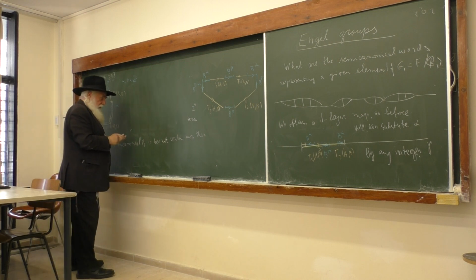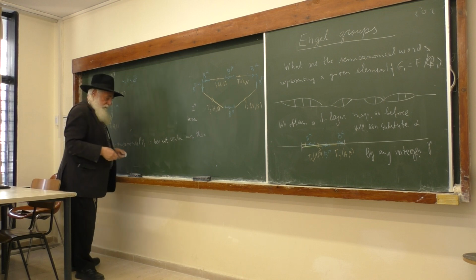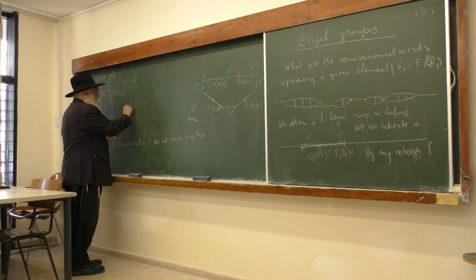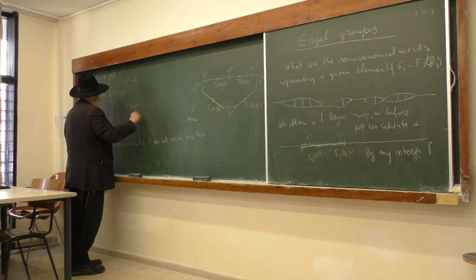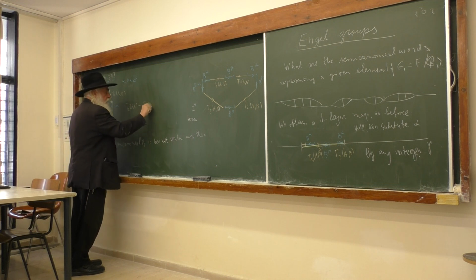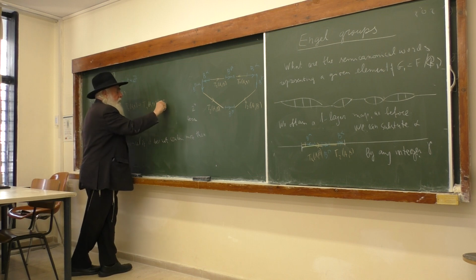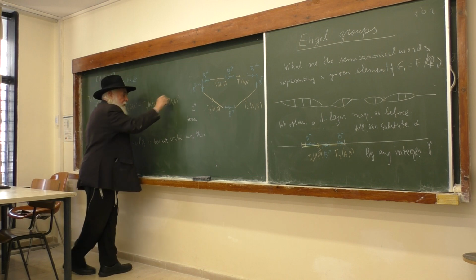So what happens? We say that our angular relation is this, then T2 of AB is actually T3 of AB, B2, T3 of AB inverse.